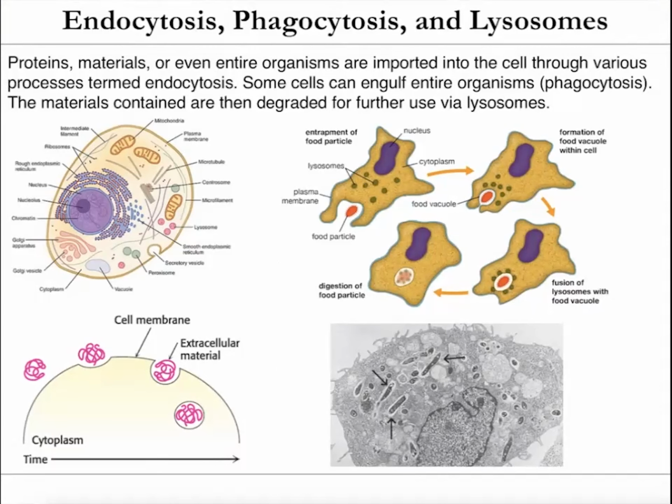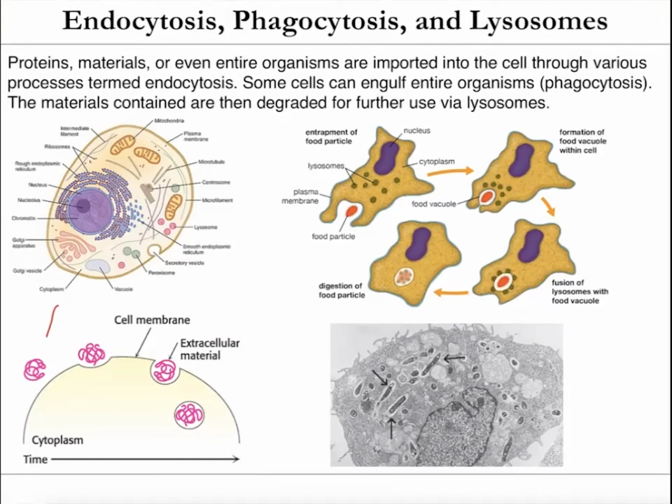So these are through processes of endocytosis. There's also phagocytosis, and these both involve structures, organelles within the cell called lysosomes. So proteins, materials, and even entire organisms like prokaryotic bacteria can be imported into the cell, and then those can be broken down and the cell can use those individual building blocks.